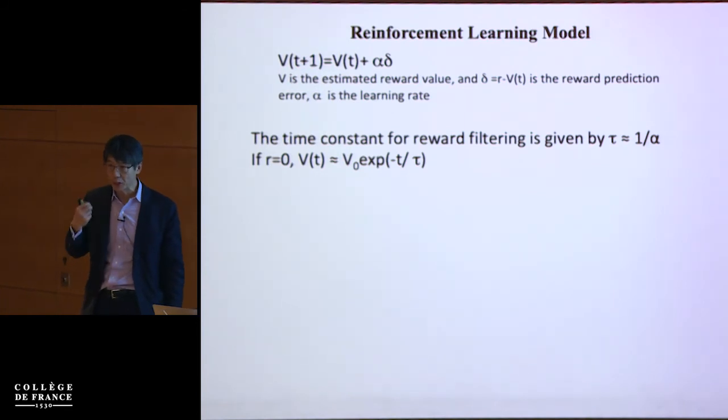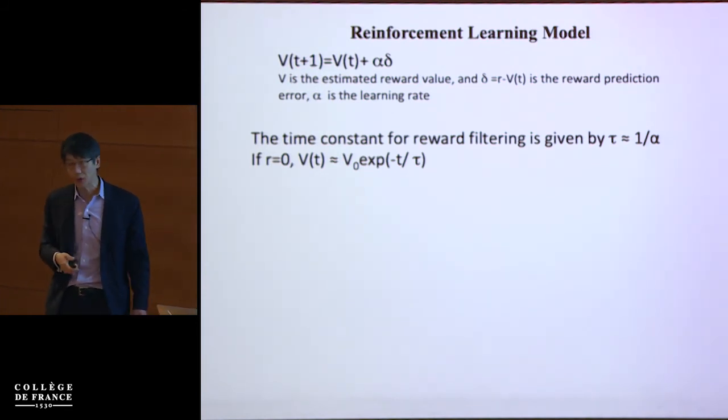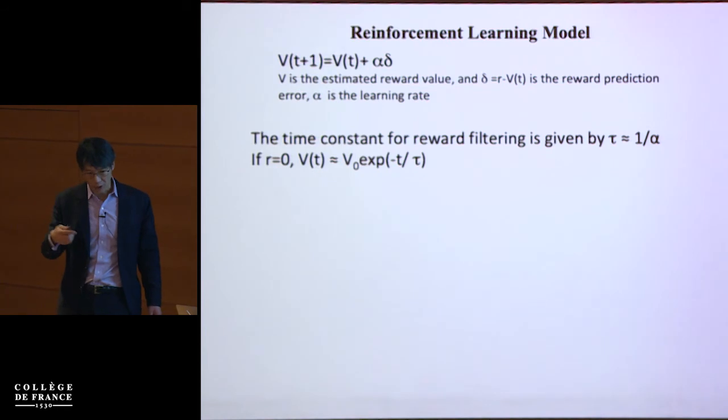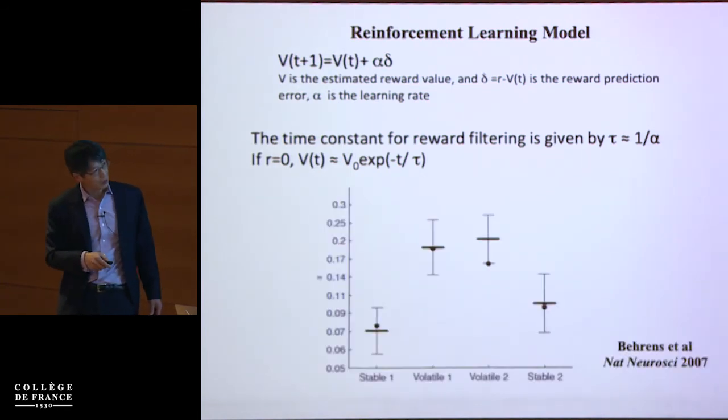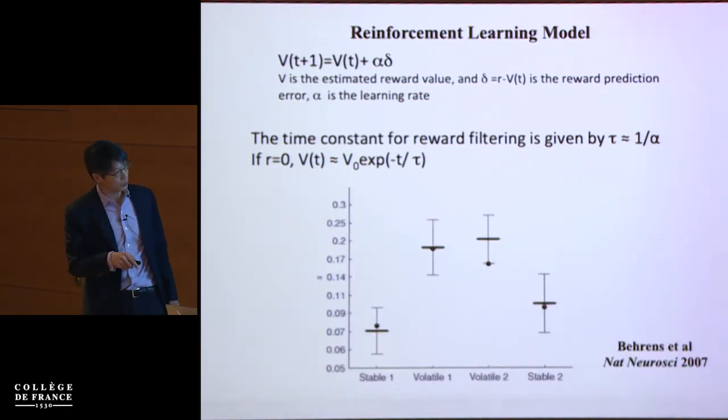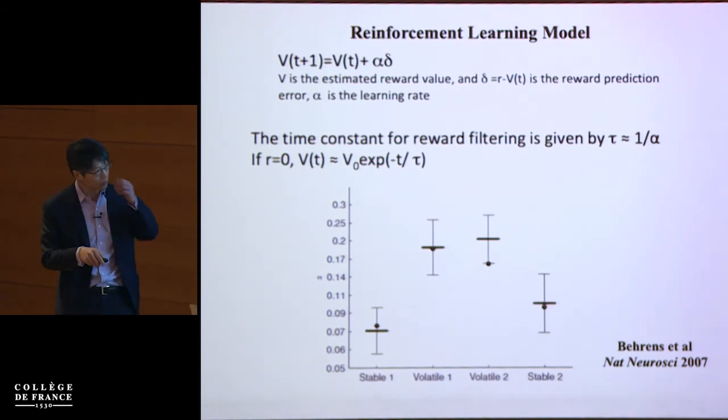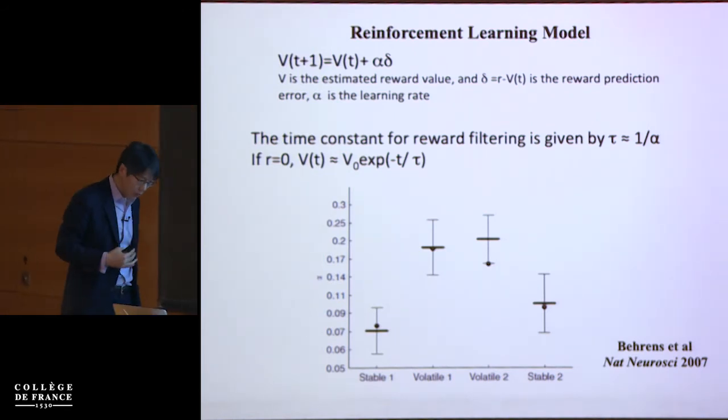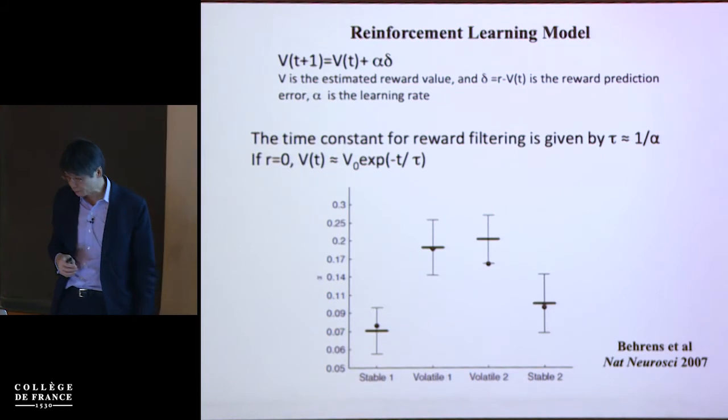So you should use a much bigger learning rate and short tau to figure out what's going on. Indeed, Bayesian theory combined with human study by Tim Behrens some years ago showed that the estimated learning rate is lower in a stable environment in the lab and higher in an environment when it becomes more volatile.